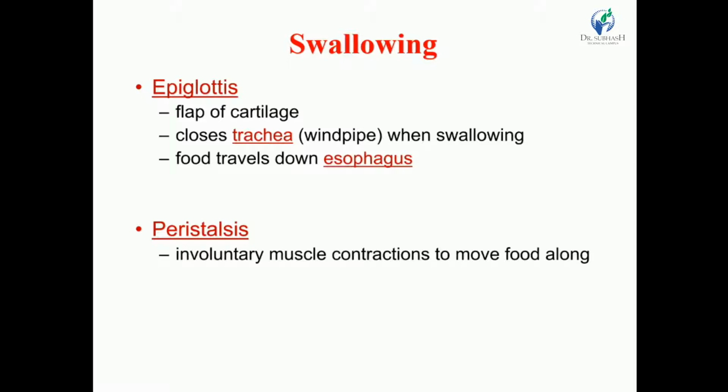It is a mechanism which allows food to move through the esophagus from one segment to another, so the food is moved downward with the help of that involuntary muscle contraction.